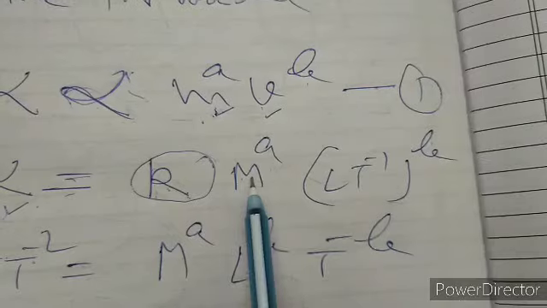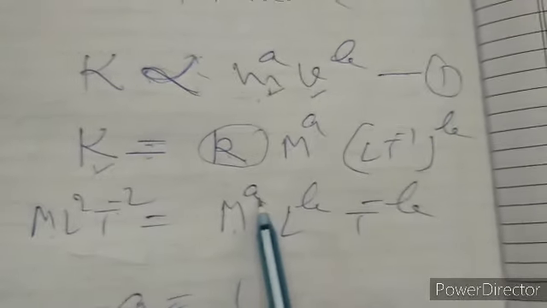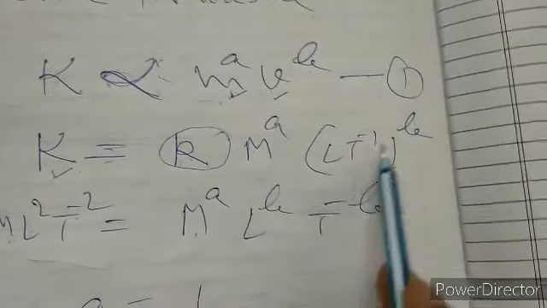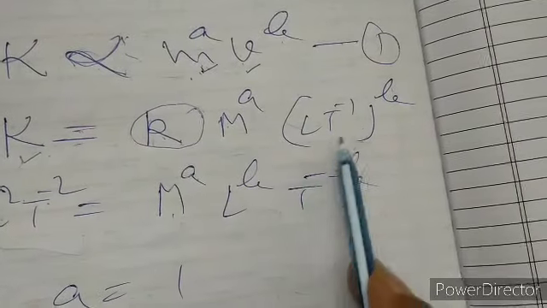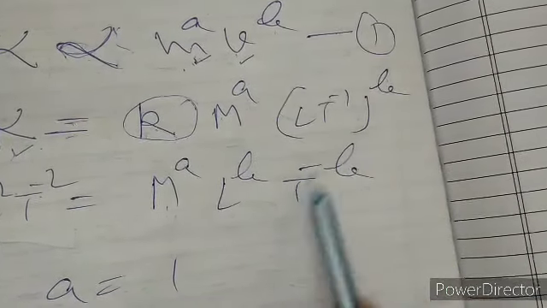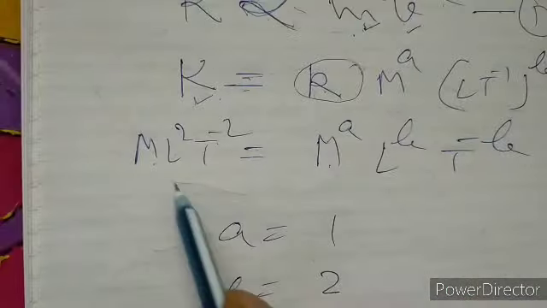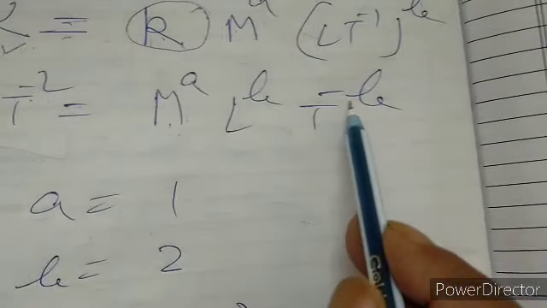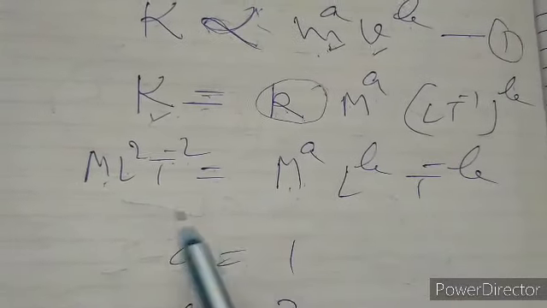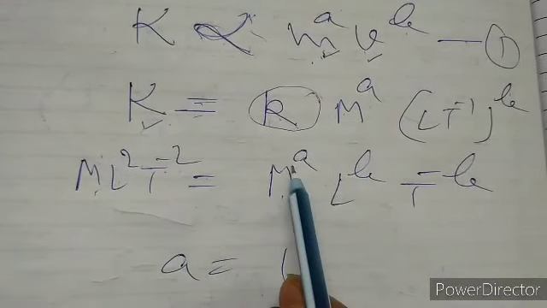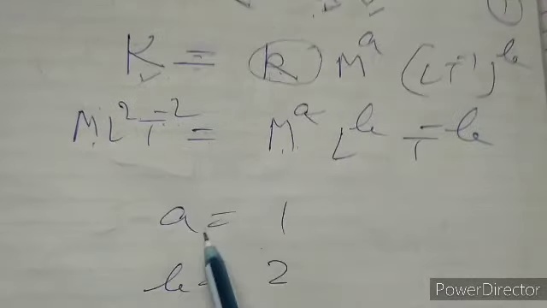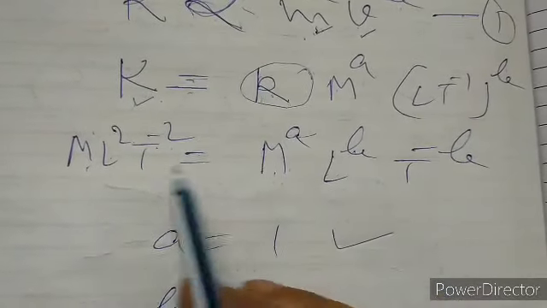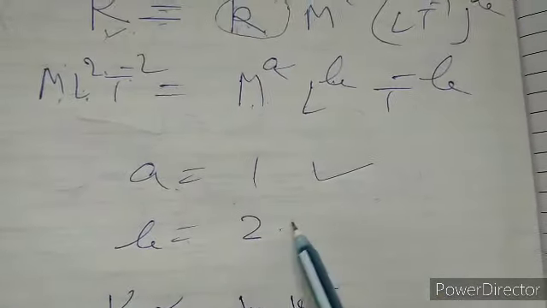Now this is L power b, T to the power minus b. So M L square T minus 2 equals M power a, L power b, T power minus b. Now comparing the powers on both sides, M power 1, M power a, so a is equal to 1. L power 2, L power b, so b is equal to 2.